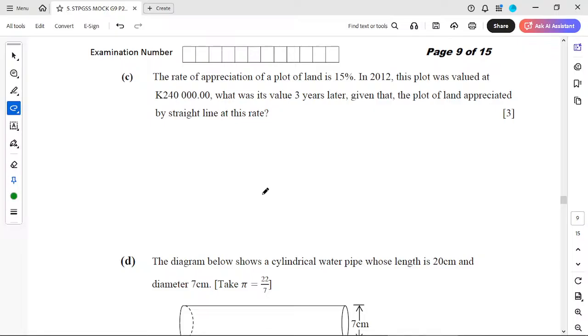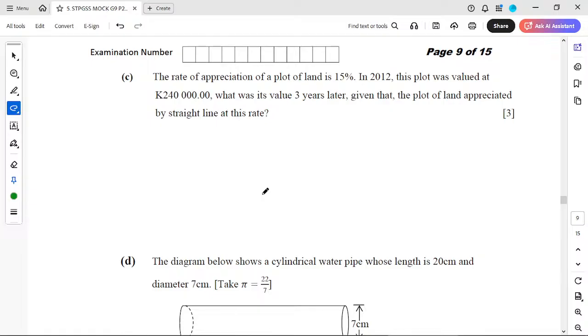The rate is 15%. So for us to find the value after 3 years, not 5 years, meaning in 2015, what was the value of the plot if in 2012 it was 240,000 kwacha?